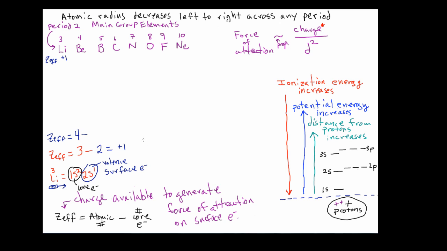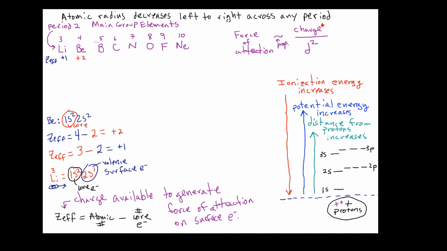Remember that for beryllium, the electron configuration is going to be 1s2, 2s2. So the core, I'll circle the core, is going to be the 1s2 electrons again. So this is your core. So we're going to take 4 minus 2, and we can see that the effective nuclear charge operating on the outermost electrons for beryllium is +2.